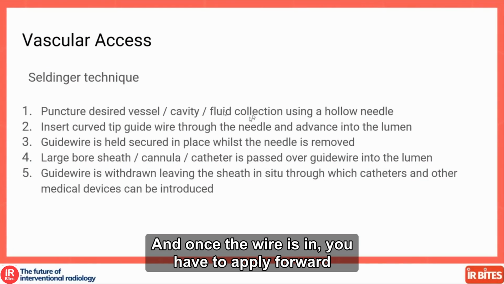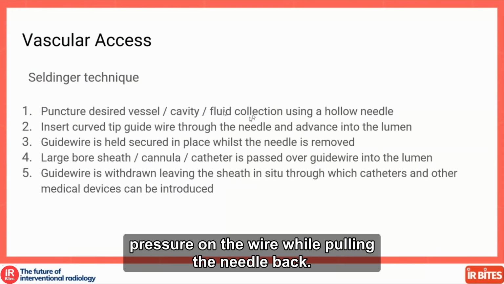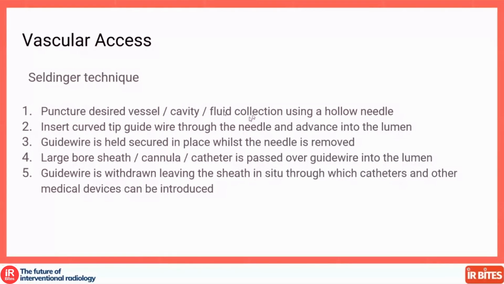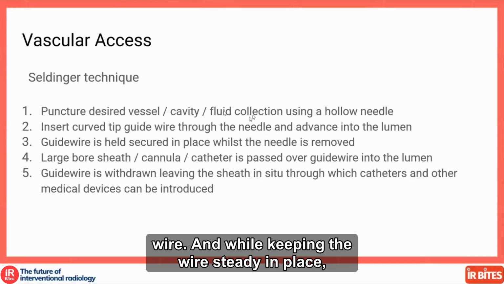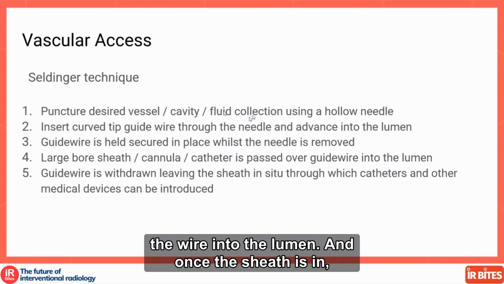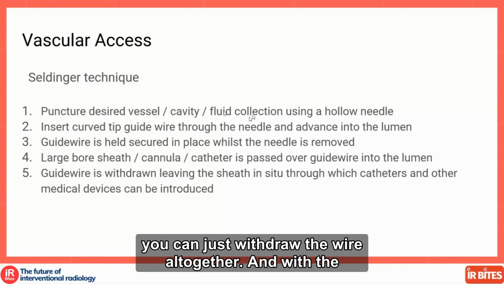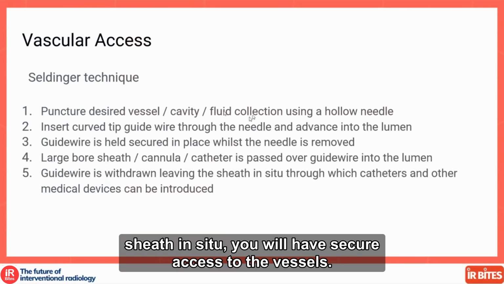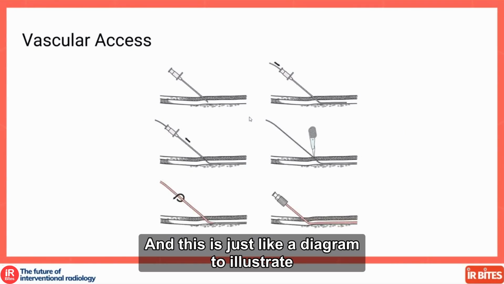And once the wire is in, you have to apply forward pressure on the wire while pulling the needle back. And then you can remove the needle over the wire. And while keeping the wire steady in place, you then pass either a sheath or a catheter over the wire into the lumen. And once the sheath is in, you can just withdraw the wire altogether. And with the sheath in situ, you will have secure access to the vessels.